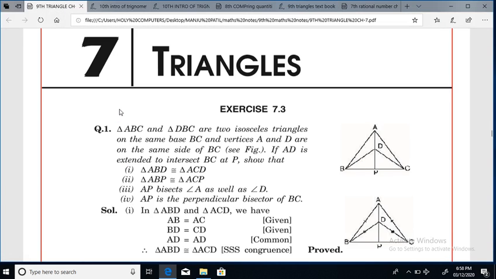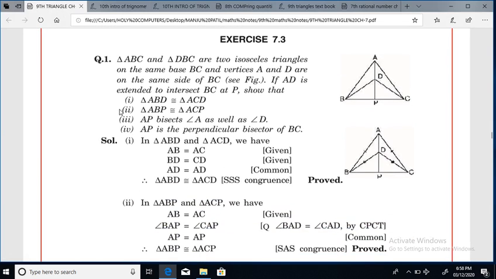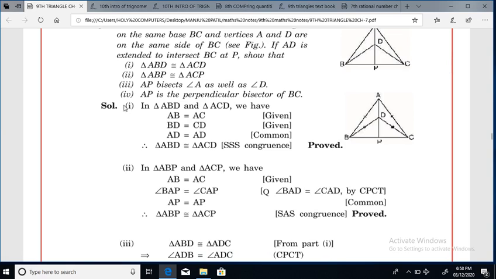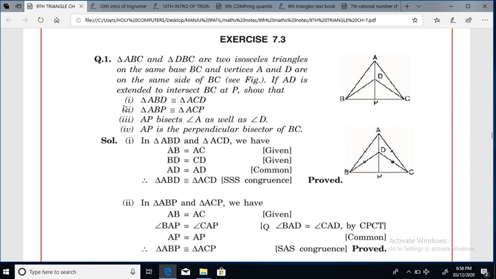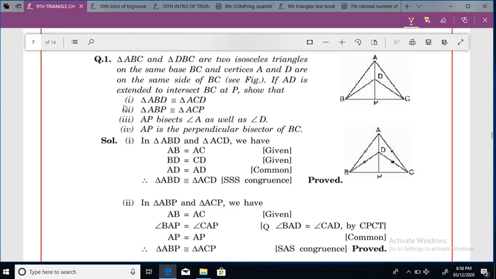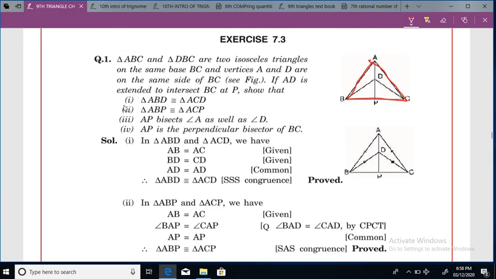In this, first one, exercise 7.3. ABC and DBC are two isosceles triangles on the same base BC. Vertices A and D are on the same side of BC.